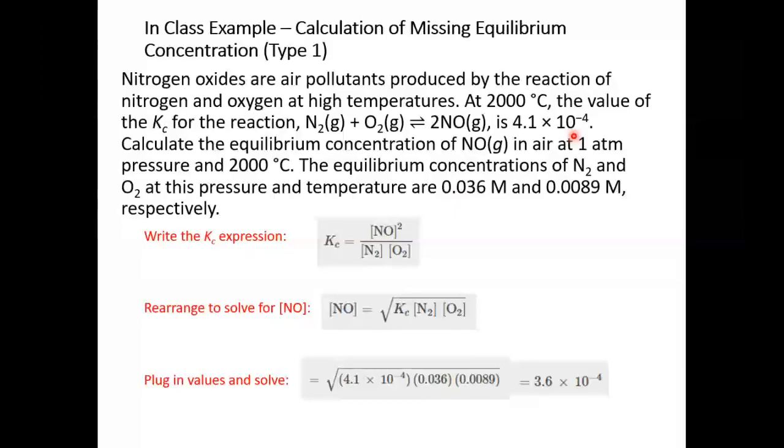I was given K equals 4.1 times 10 to the negative fourth, yeah? What else was I given? What am I asked to find? Calculate equilibrium concentration of NO.